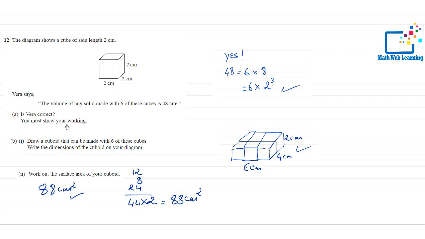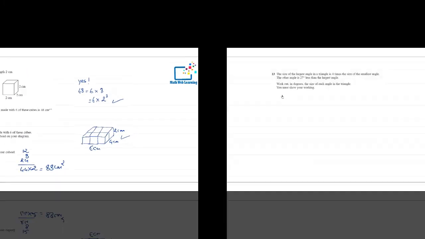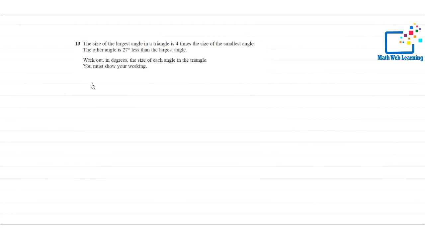Next question is question 13. Question 13 is a question on shapes and a bit of reasoning as well. So yes, it's got to do with algebra. The size of the largest angle in the triangle is 4 times the size of the smallest angle.